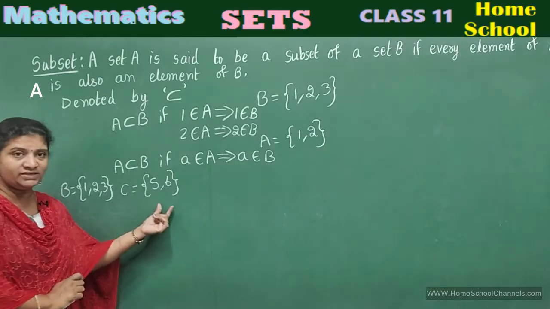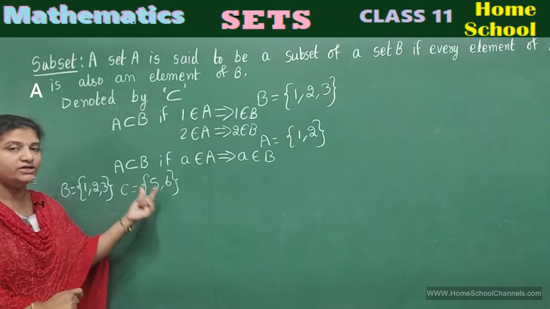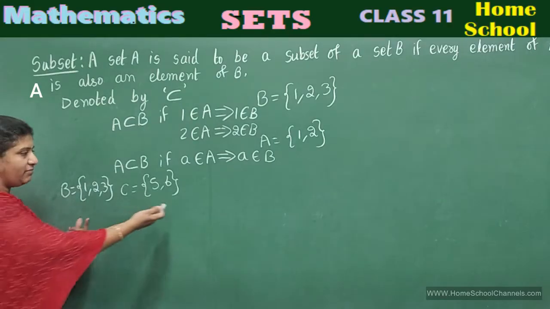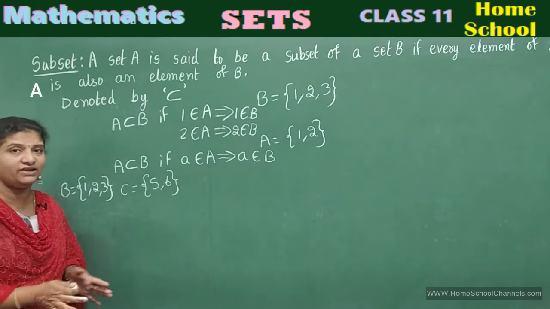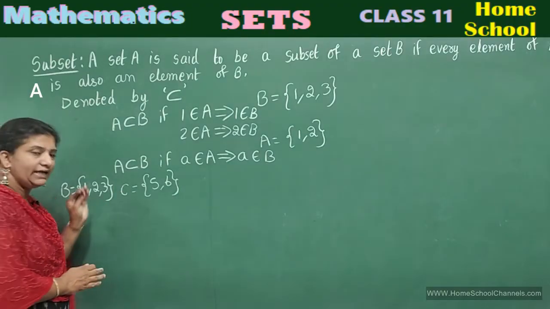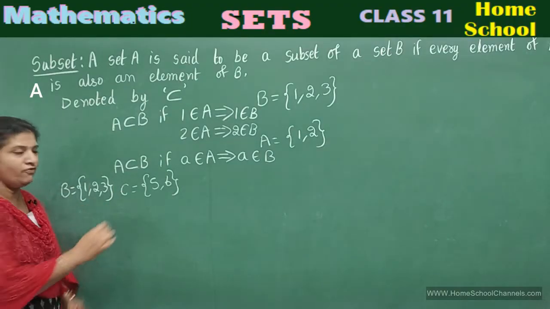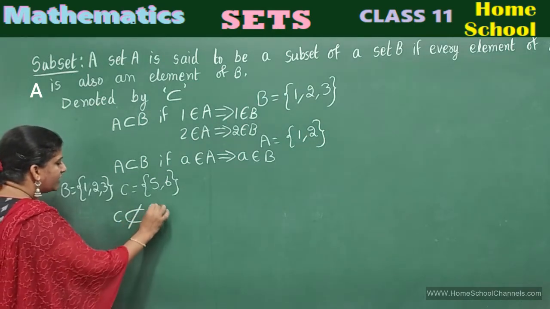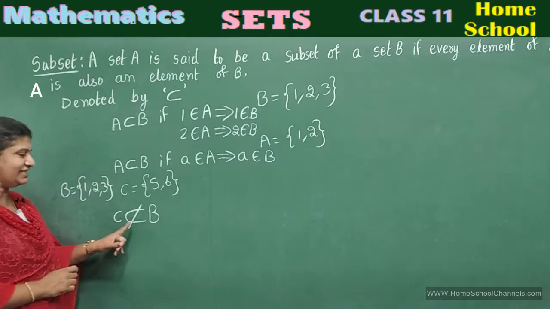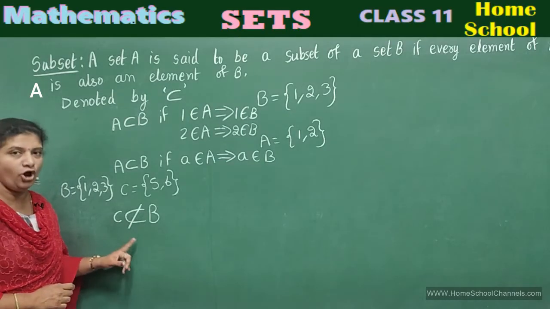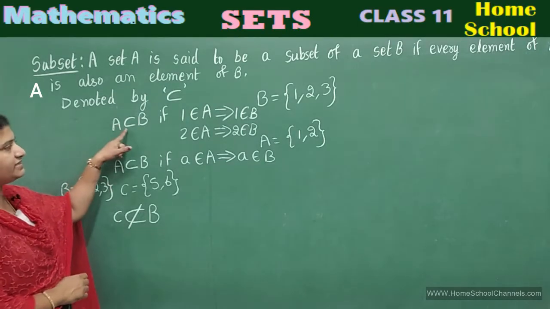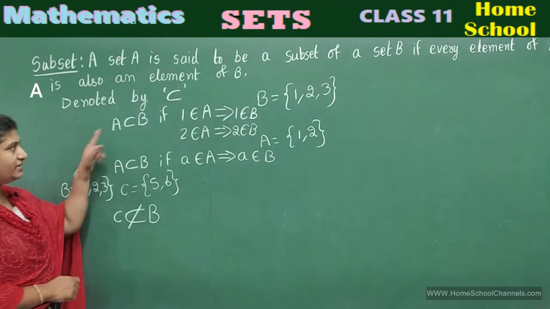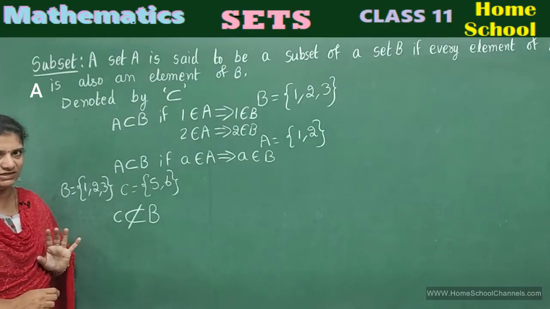All the elements which are present in set C should be contained in set B. Do you have the same numbers in set B? No, the elements are different. The elements are not contained in set B. Therefore, what can I say? C is not a subset of B. This symbol is used to represent not a subset. And this symbol is used to represent is a subset. Right? This is subset and this is not a subset.